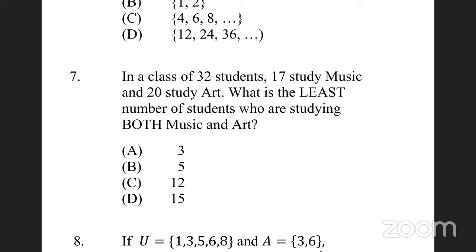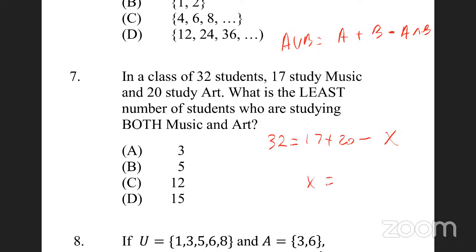Use the formula I gave you before, right? So 32 is the union. So 17 plus 20 minus both. A union B is number in A plus number in B minus intersect. Right? Work it out and you will get X to be 5. B.